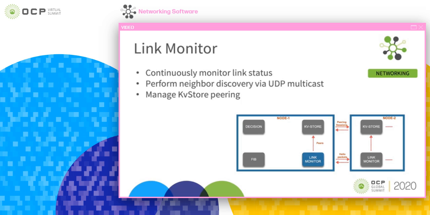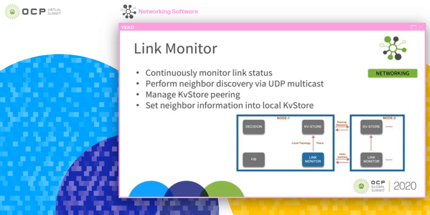Once the neighbors are discovered, it tells KBstore to form a peering with the neighbors' KBstore over the TCP sessions. It also inputs the local topology information into the KBstore.